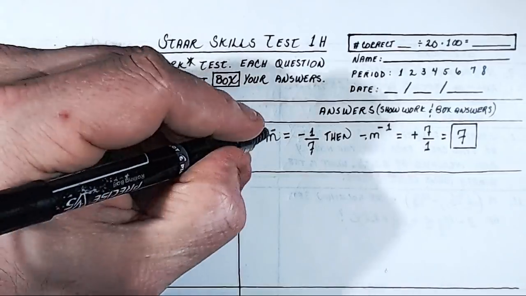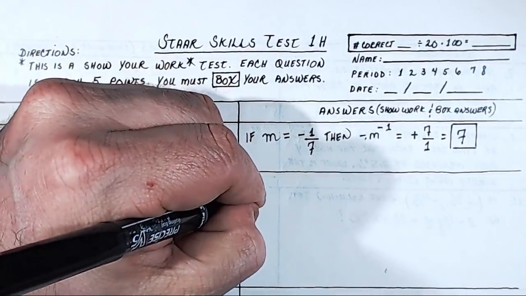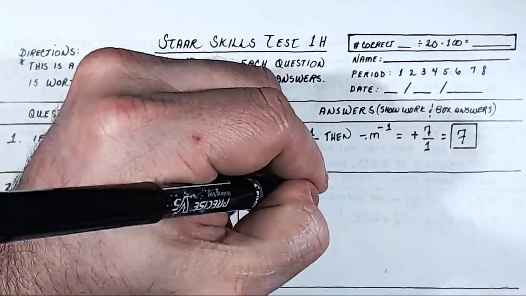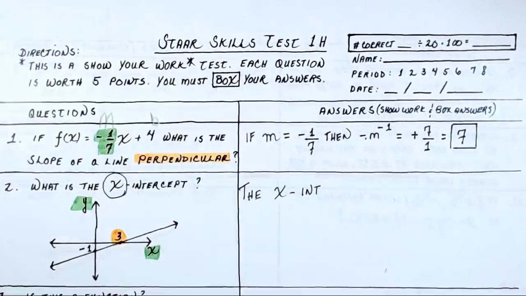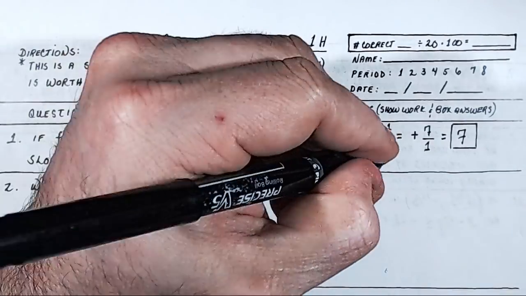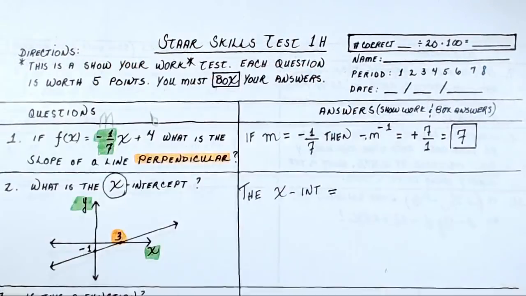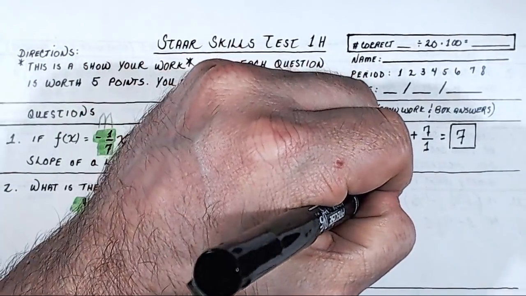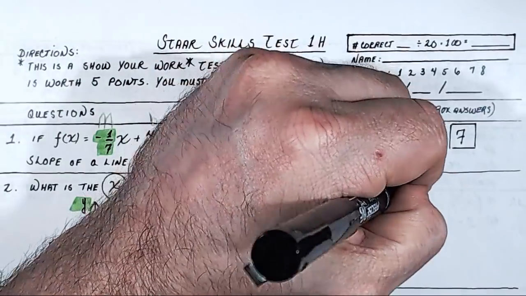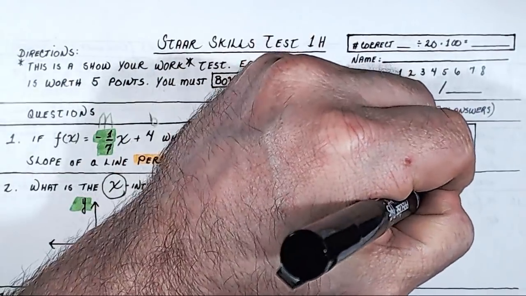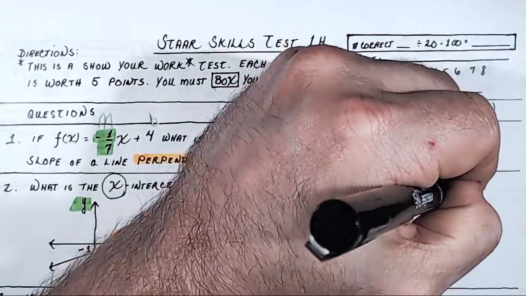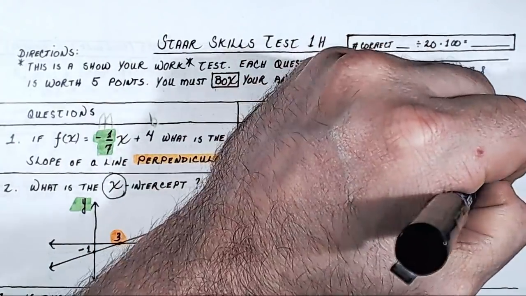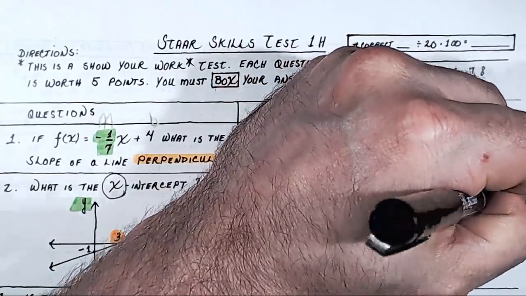So we'll write the x-intercept, which we can abbreviate INT, equals 3. Or you could write xint at, open parentheses, 3, 0.